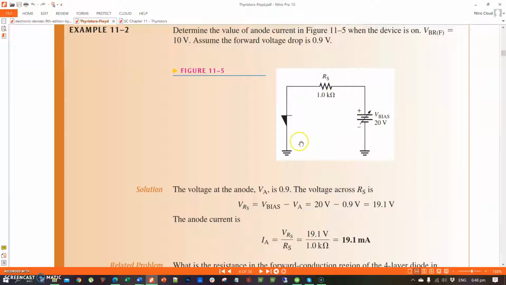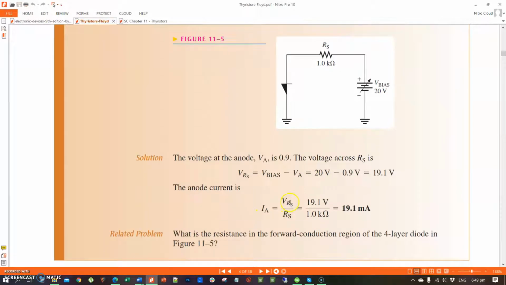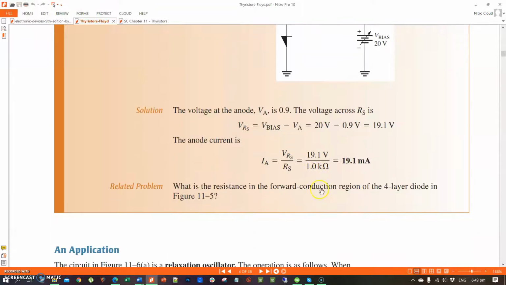So we have VRS is equal to Vbias minus VA. With this loop, we get the mesh analysis. Then the anode current is found using Ohm's law, the same formula. So 19.1 volts divided by 1 kilohm equals 19.1 milliamperes.